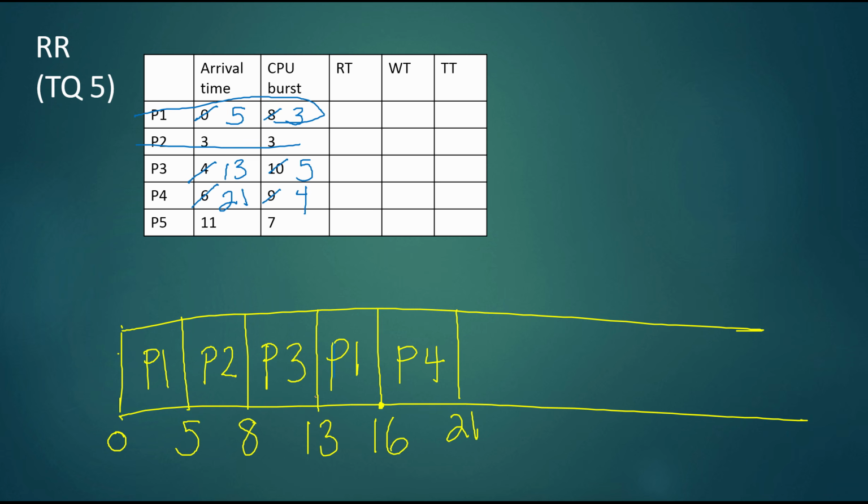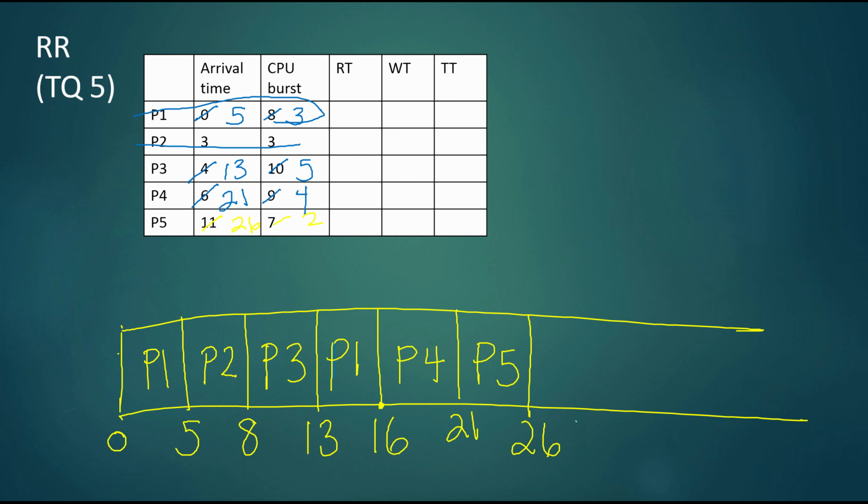Now the current time is 21, so the next one in the ready queue is P5, and P5 will get 5 time units until time 26. We'll have a new arrival time of 26. I hope you can see that enough.